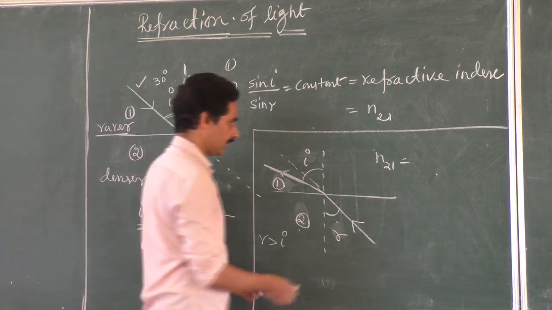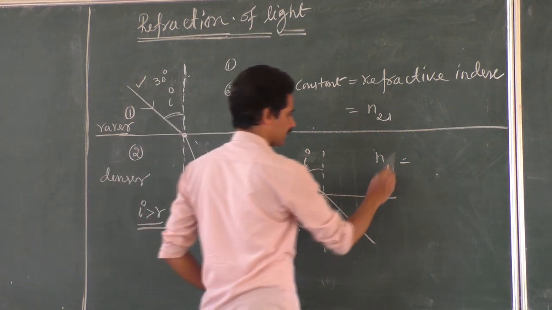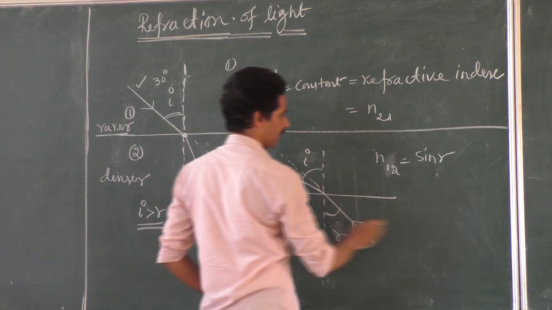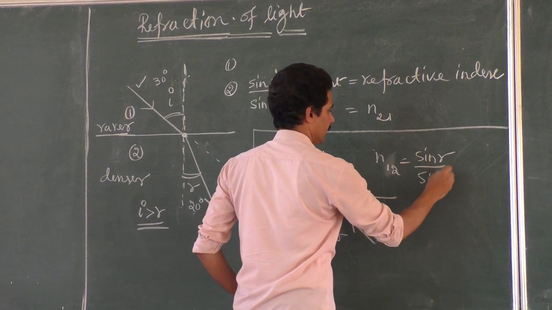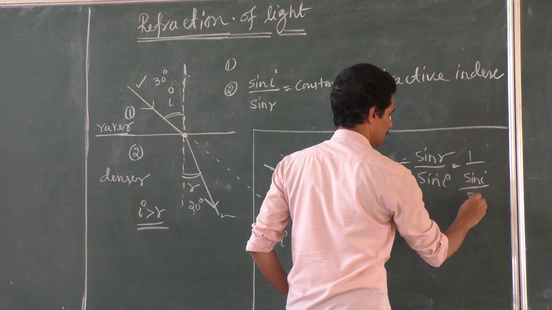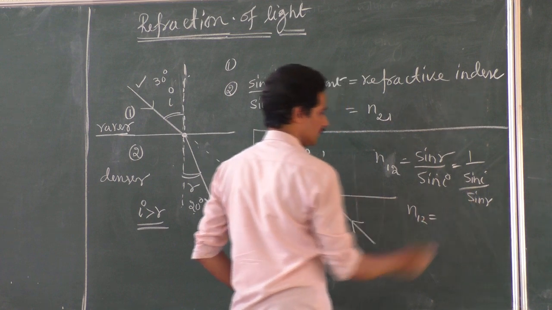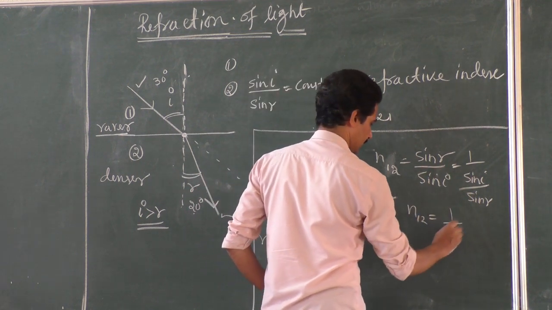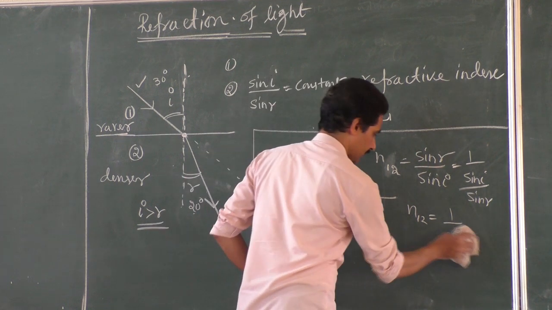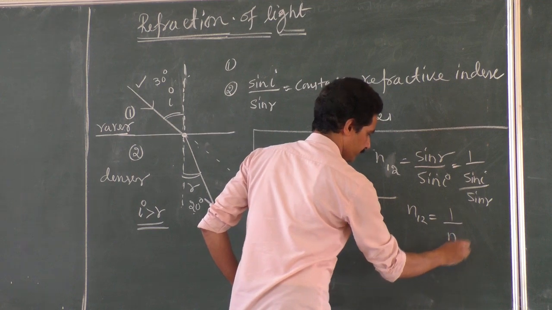So N21, the refractive index of the second medium with respect to the first medium, is the ratio of sine of the angle of incidence to the sine of the angle of refraction, which is nothing but 1 by sine I by sine R. You know this, we did all these things in the previous classes. N12 is equal to 1 by sine I by sine R, so yes, N21, because sine I by sine R is N21.